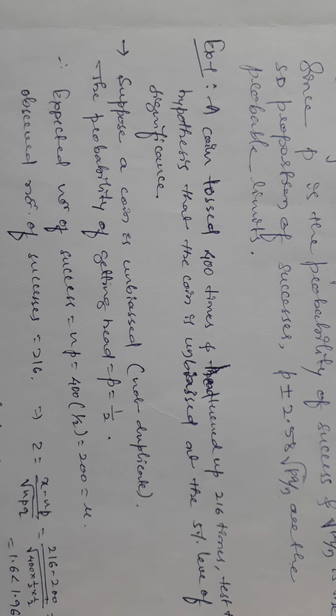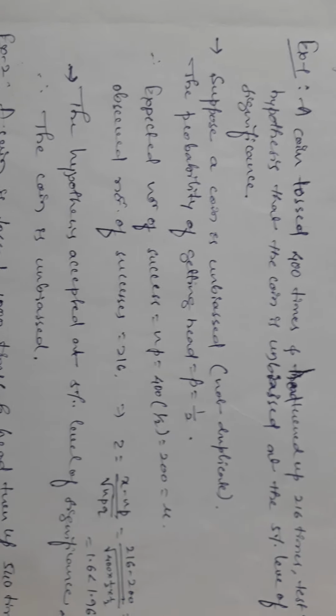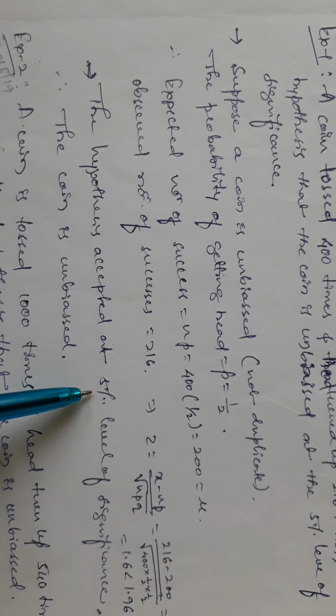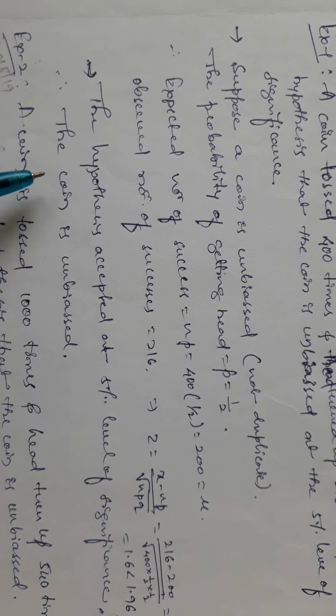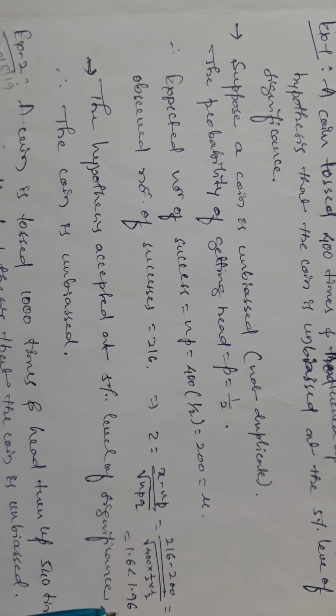Substituting the values and simplifying, we get 1.6, which is less than 1.96. Therefore, the hypothesis is accepted at the 5% level of significance. Therefore, the coin is unbiased. We need to remember 1.96 for the 5% level of significance and 2.58 for the 1% level of significance.